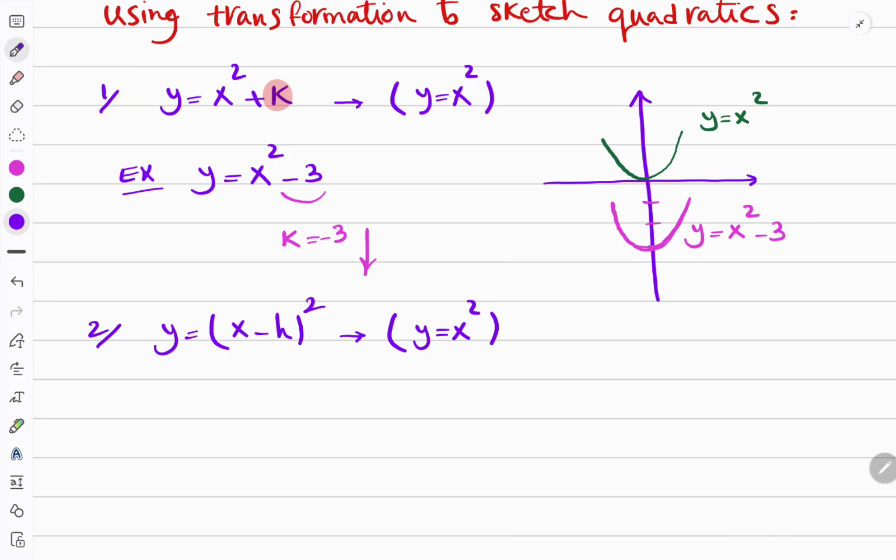For example, y is x plus 5 squared. And you can see we have positive 5, and this number affects x, not y. So we should move horizontally to the right or to the left.